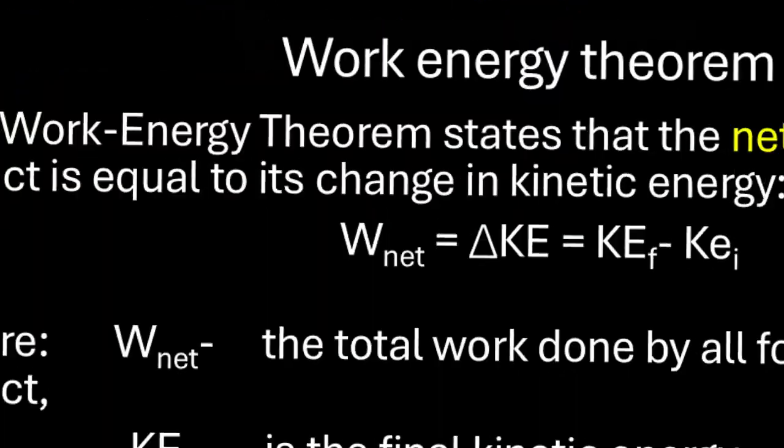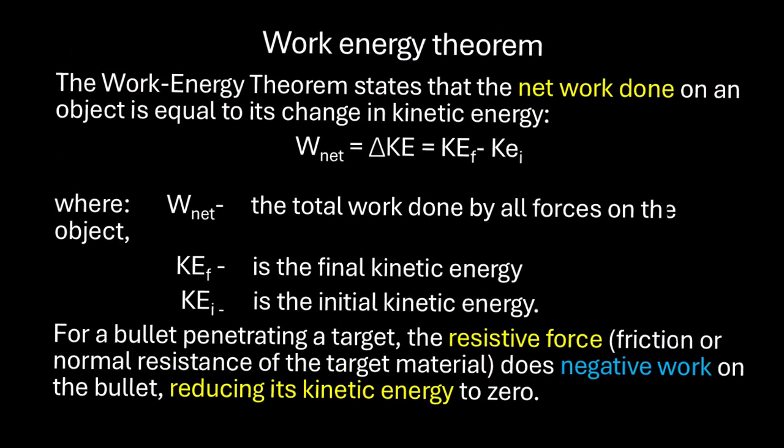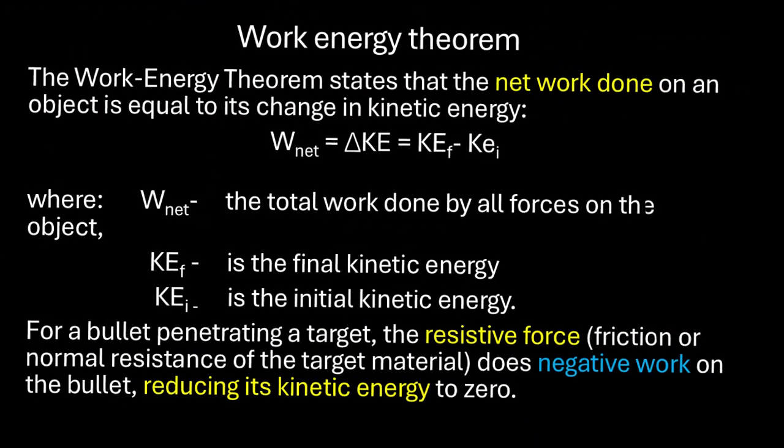Now what is the work energy theorem? The work energy theorem states that the net work done on the body, on the object, is equal to the change in its kinetic energy. So W net, the net work done, will be equal to kinetic energy final minus kinetic energy initial.